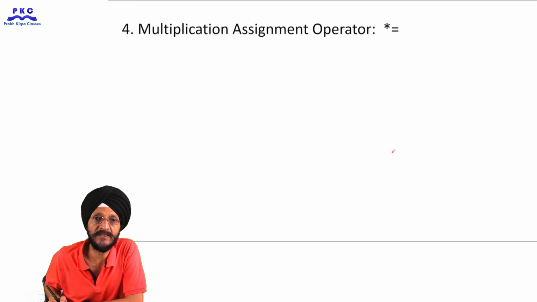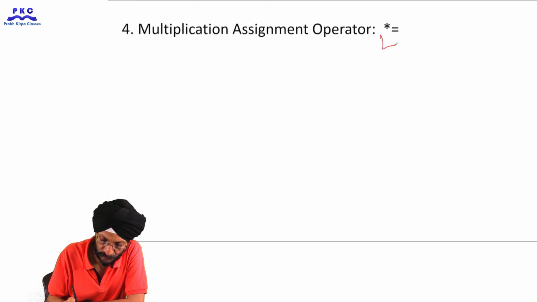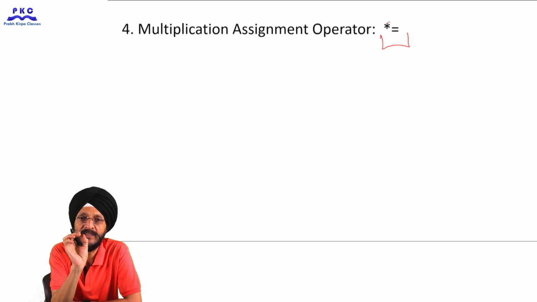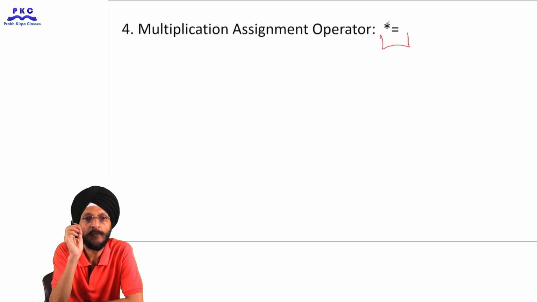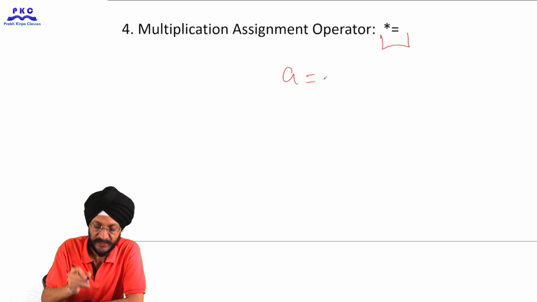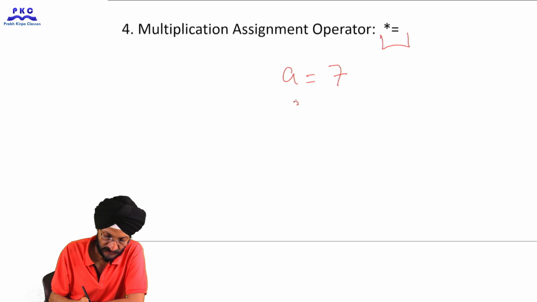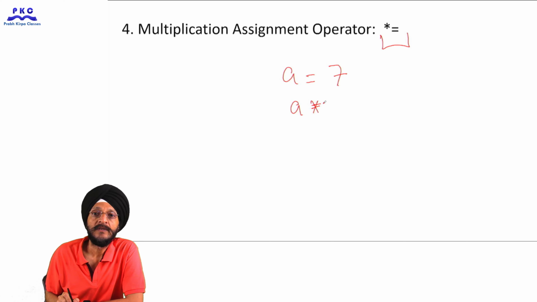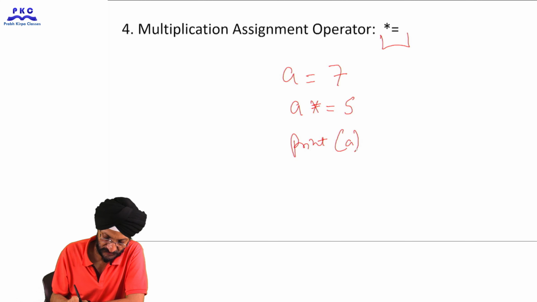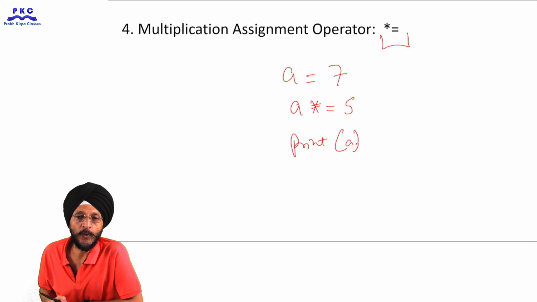Next is multiplication assignment operator. There are two symbols. The first one is asterisk is equal to, that is star is equal to. Here suppose we assume a is equal to 7. Now we use the asterisk or star symbol is equal to 5 and we use the print function, print a. What will it result in?